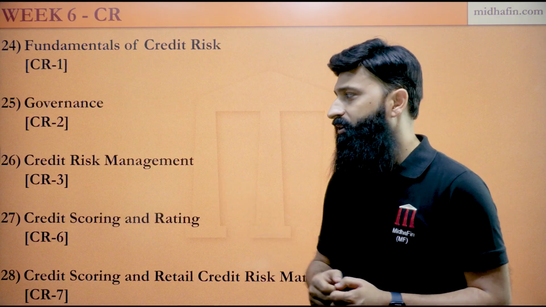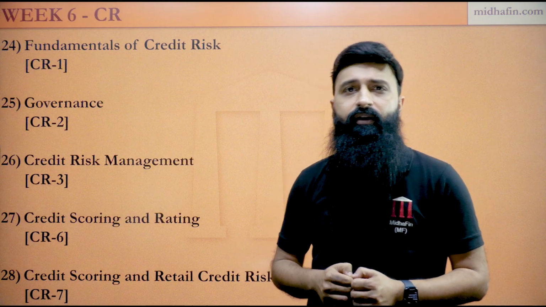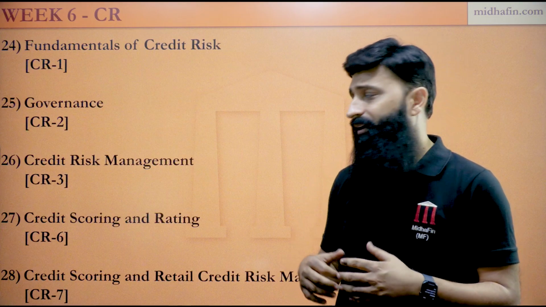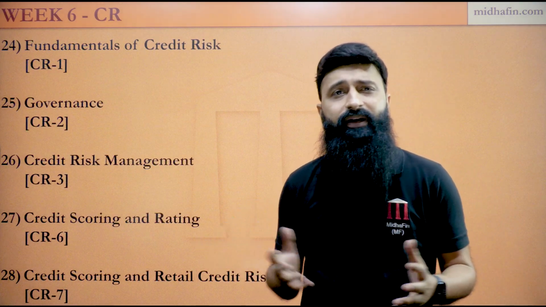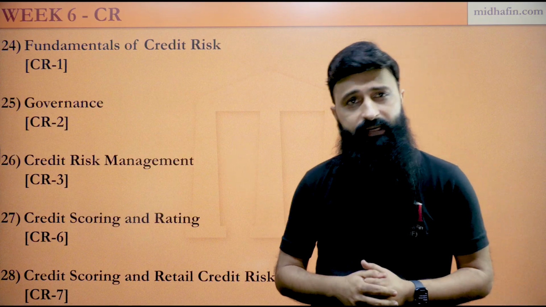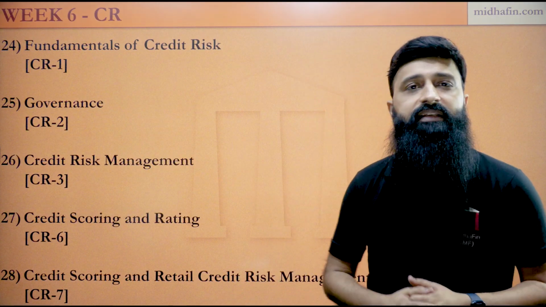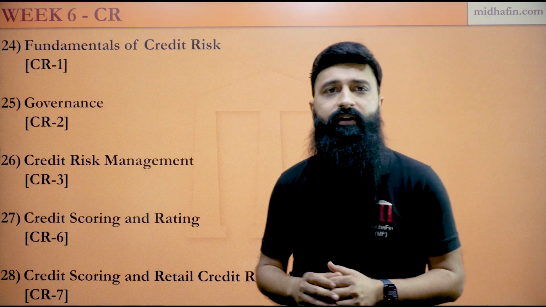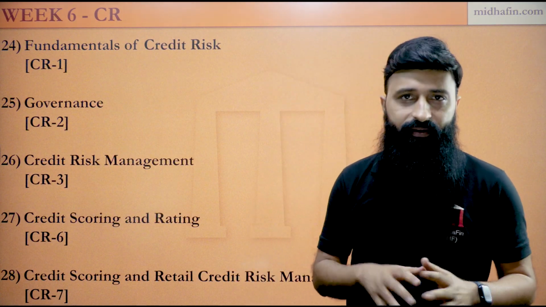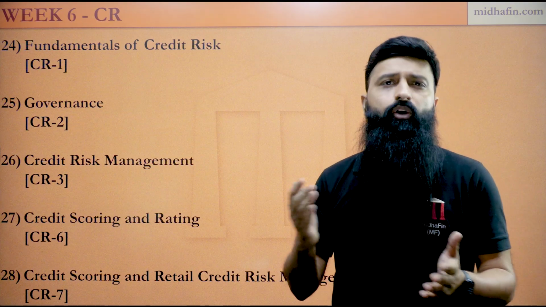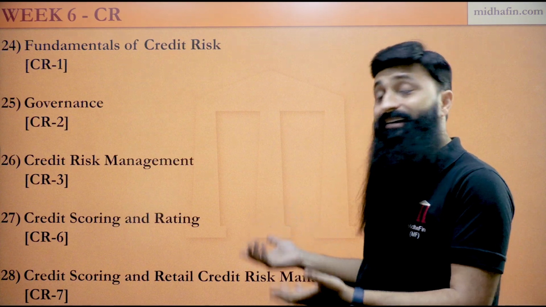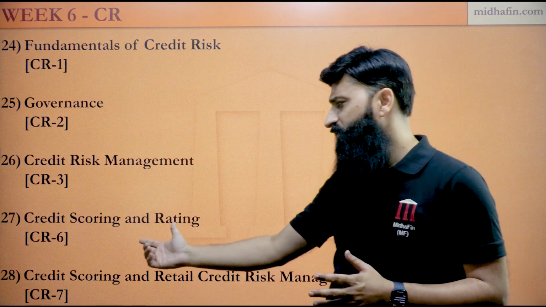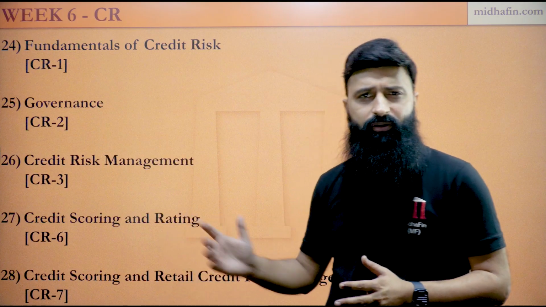Okay, then you have credit scoring and rating. It will introduce some quantitative methods for assessing credit quality, and it will expand the practical credit risk management techniques which were discussed in the previous chapter, CR3. Then you have CR7, credit scoring and retail credit risk management. It analyzes credit risks in retail banking. Okay, differences between retail and corporate credit risk, measures to address retail credit risk, all those things. So the general concepts that were introduced over here, it builds on some of those concepts.